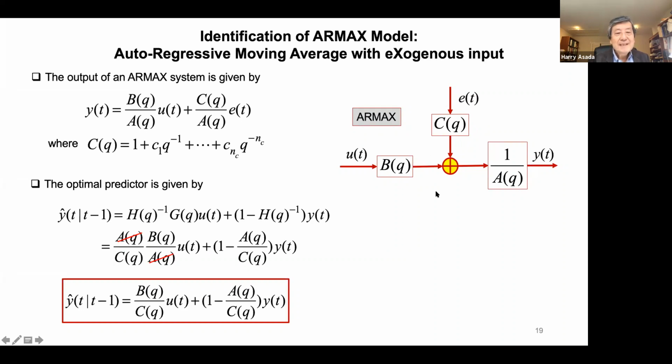The output of the ARMAX system is obtained by writing out this equation based on this diagram. The C is defined here, and the prediction is given by this.